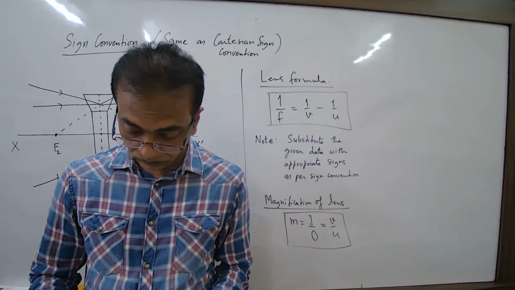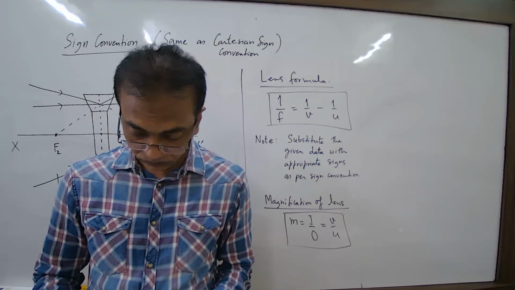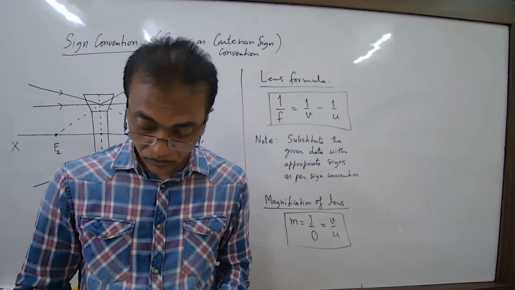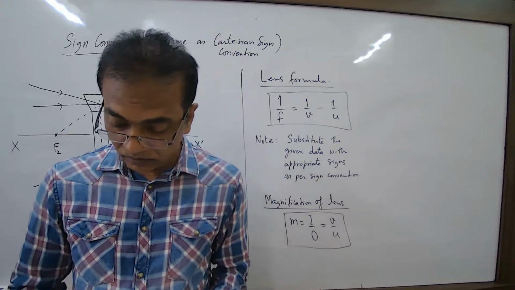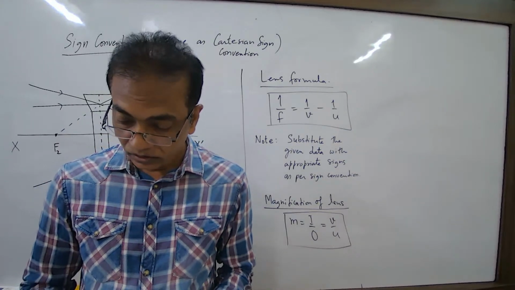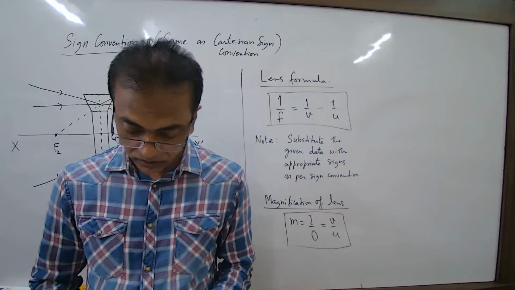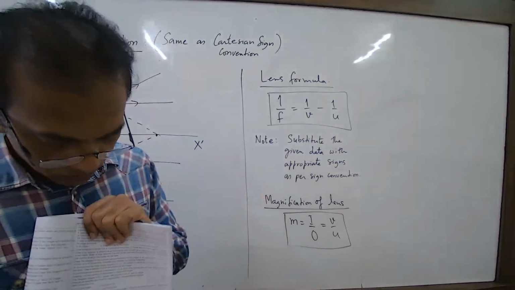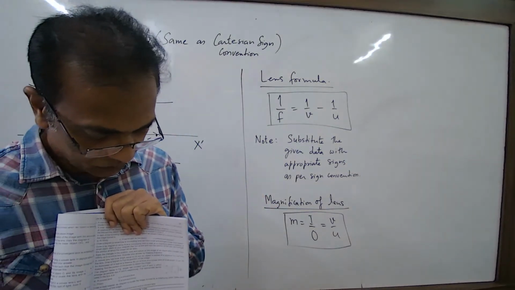Complete the diagram to show the path of the ray A after refraction through the lens. So after refraction, the ray A will pass through F2. Yes. Everybody understood? This will pass through F2 like this.